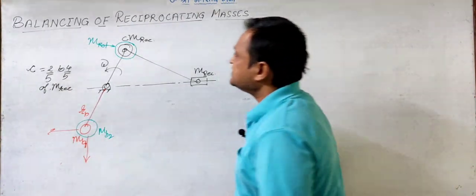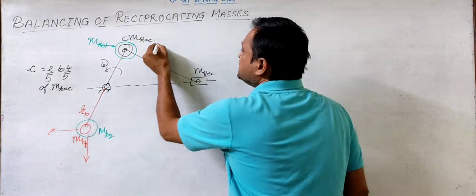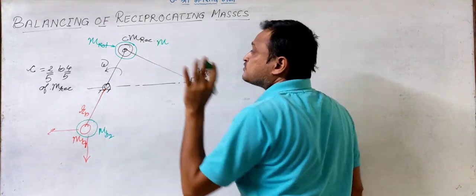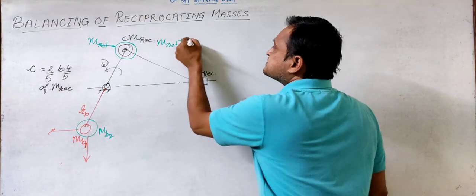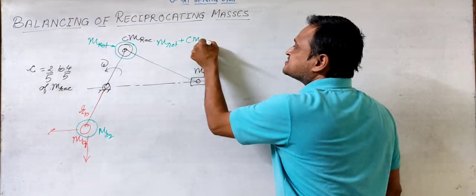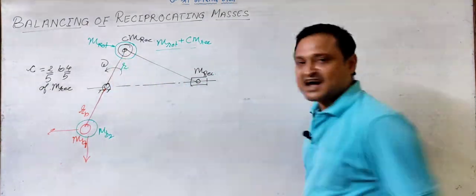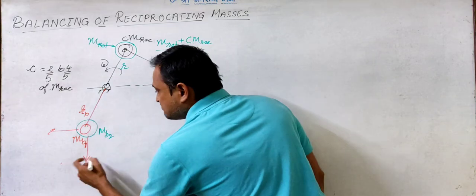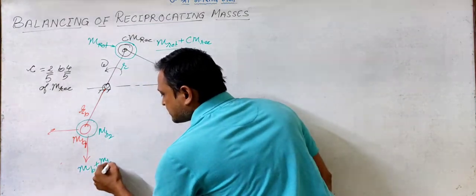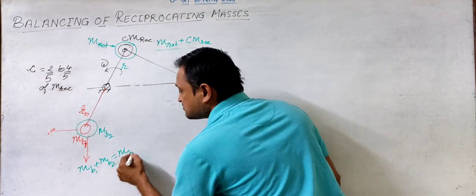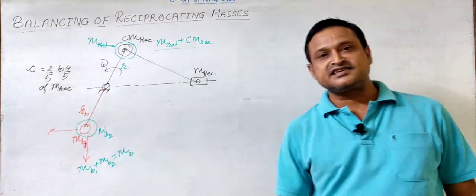So you can see that the total mass considered at the crank pin will be the complete rotating mass plus C times M of the reciprocating mass, which is at radius R. And this MB1 plus MB2 is the total balancing mass which we are placing at this location at radius RB.